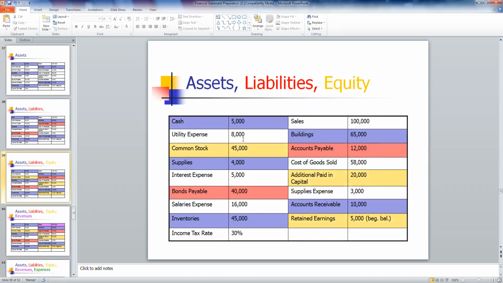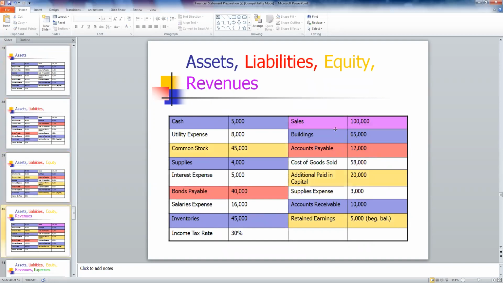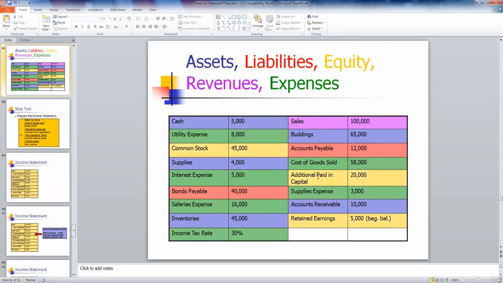Everything that's in white is going to end up on the income statement. The next color, this purplish color, is sales. And the last color we're going to see here is the green one, and those are expenses. Just take note of this and look at it. We'll work through some examples like this in the upcoming week.